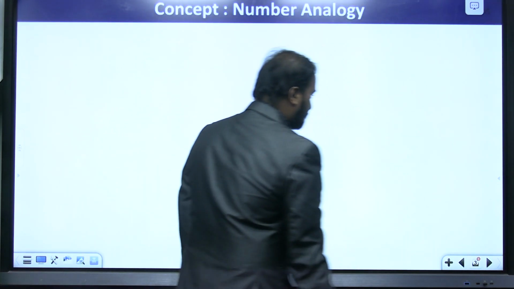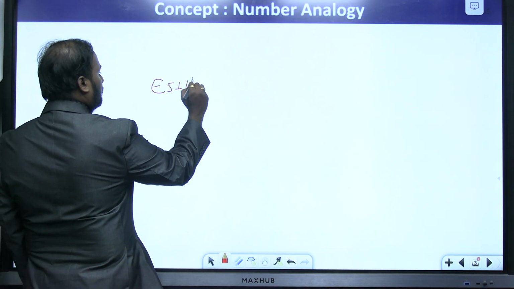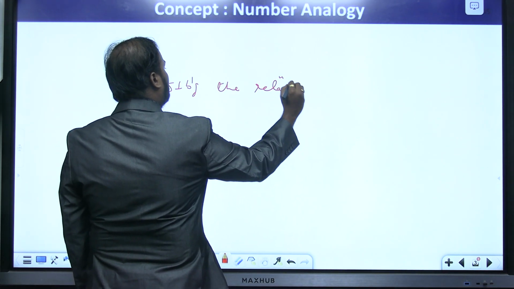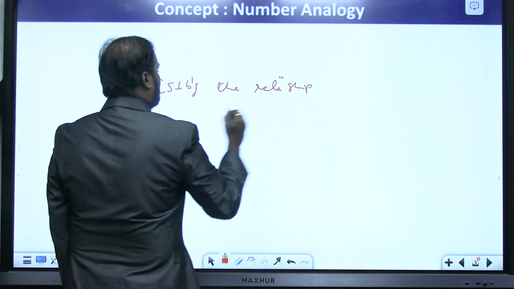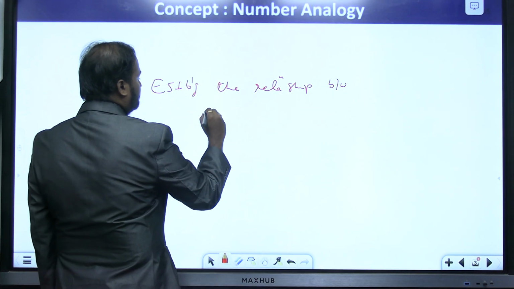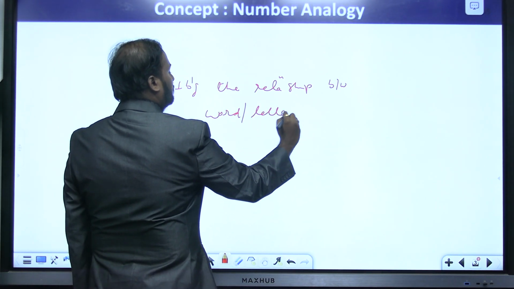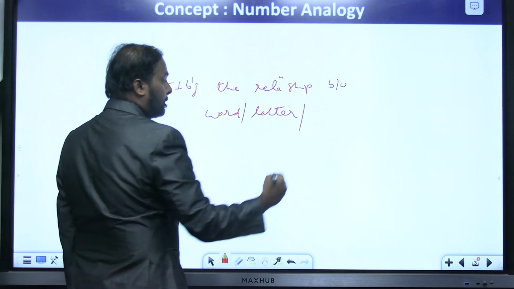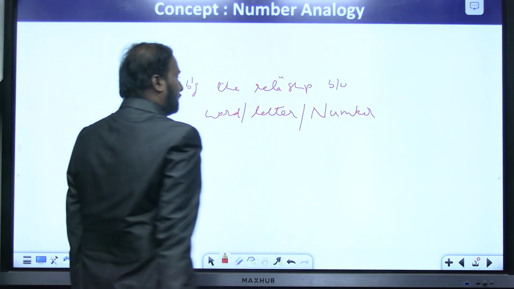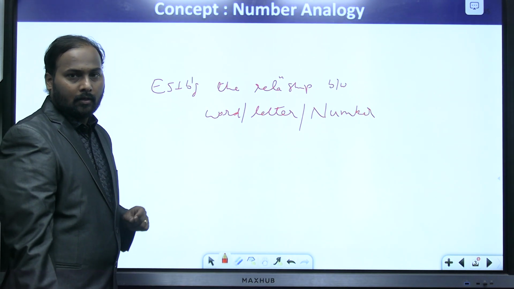Analogy means establishing the relationship between two given words, or maybe letters, or maybe numbers as well. So we have to establish the relationship between words, letters or numbers.